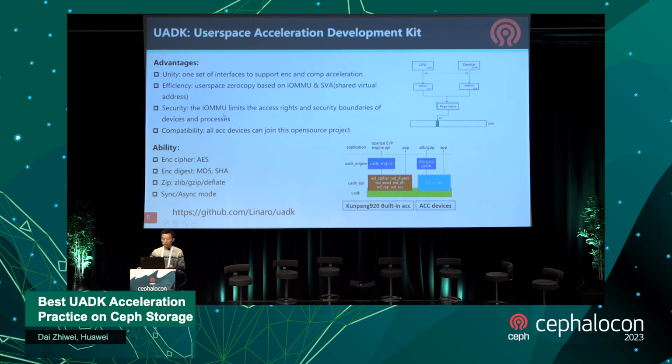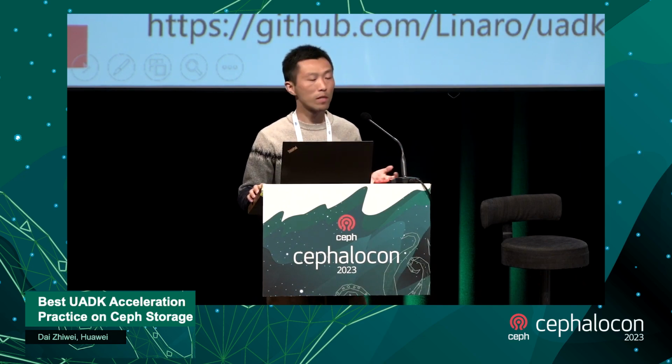Security: the IOMMU limits the access rights and the security boundaries of device and process. So shared virtual address has advantages over other solutions. Compatibility: it means any other devices can join the open source project to benefit from the IOMMU and shared virtual address technology.